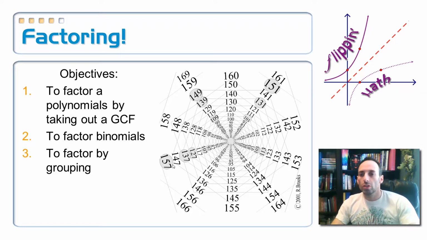We also factored binomials, and there were two cases: either a difference of two squares, or the sum or difference of two cubes. And finally, the first thing you actually do is take a look to see if everything has a GCF, a greatest common factor, that you can pull out, because that makes what's left behind that much easier to factor.